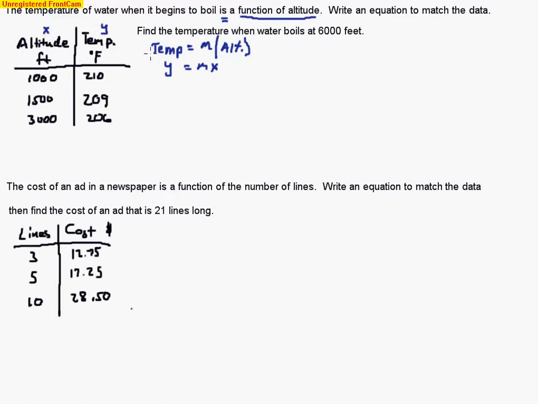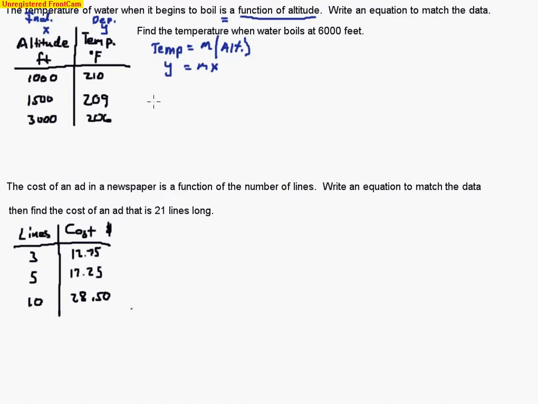The y value is the dependent variable, dependent on the altitude. The independent variable will be your x value, and the dependent variable will be the y value.